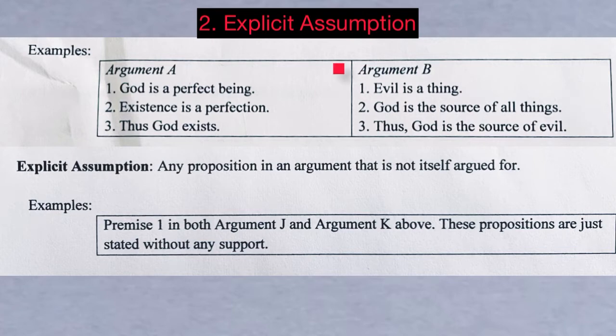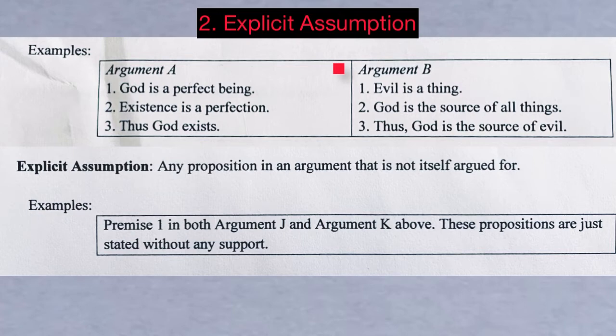Same thing with argument B. 1, evil is a thing. 2, God is the source of all things. 3, thus God is the source of evil. So 1 and 2 in that argument are propositions, but they're not being argued for. There's just a statement, evil is a thing. There's no argument that evil is a thing, right? There's no further evidence.